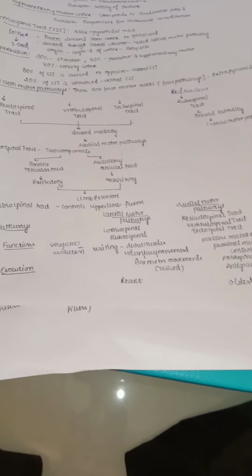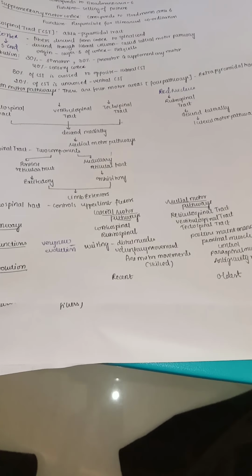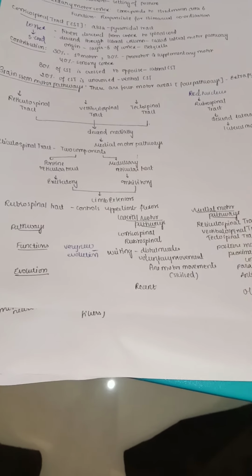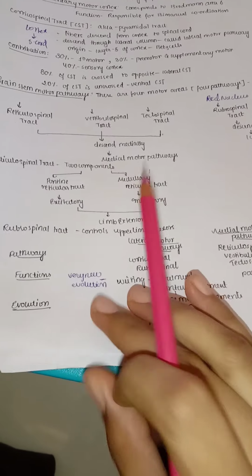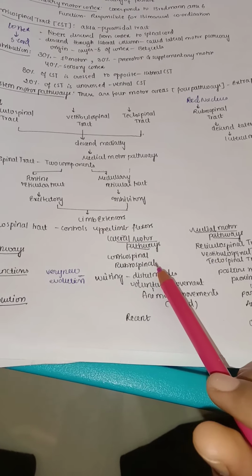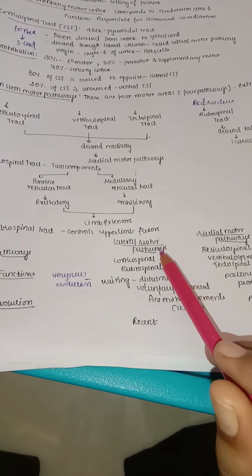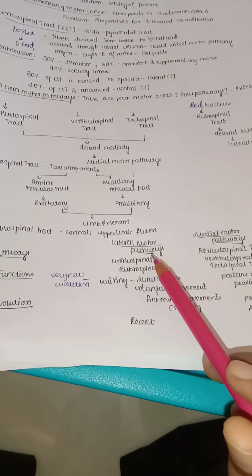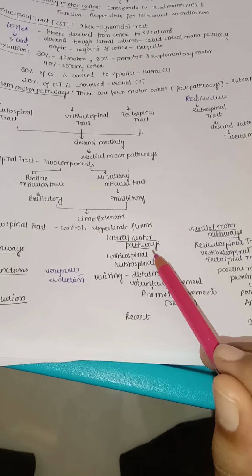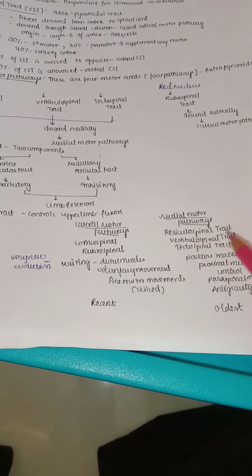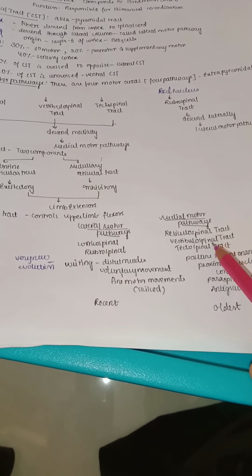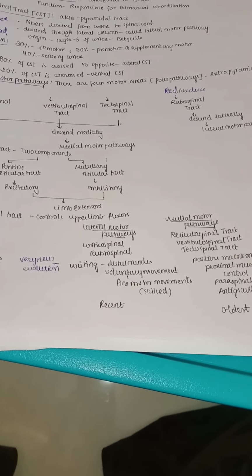Now let us conclude, summarize all these pathways, what they are doing, what are the functions. So first let us start with our corticospinal and rubrospinal. You can see they are mainly lateral motor pathways, right? Both the corticospinal and rubrospinal are lateral motor pathways, and the medial motor pathways are all the remaining: reticulospinal, vestibulospinal, and also tectospinal tract.